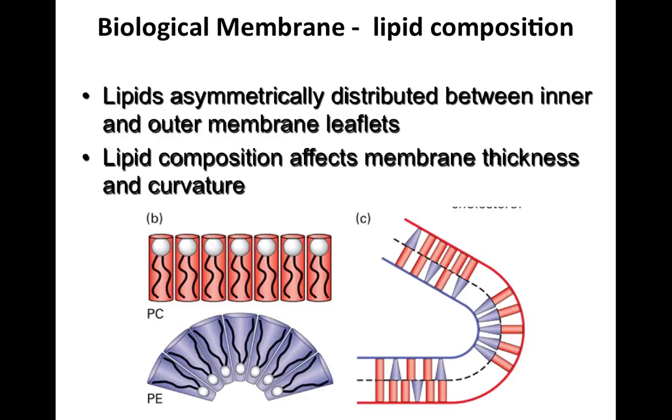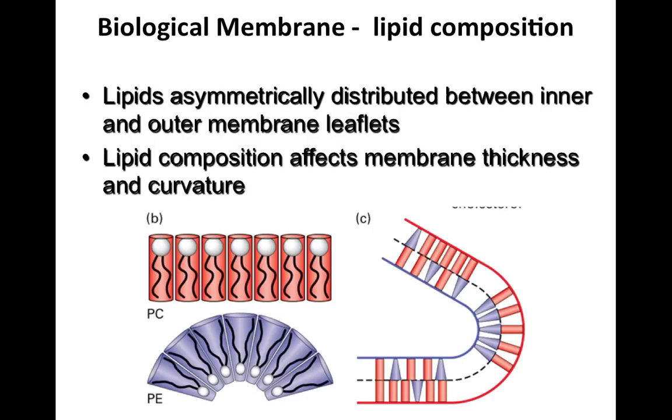So, some common phospholipids that do make up many of our cells are PC, or phosphatidylcholine, and then there is also PE, phosphatidylethanolamine.